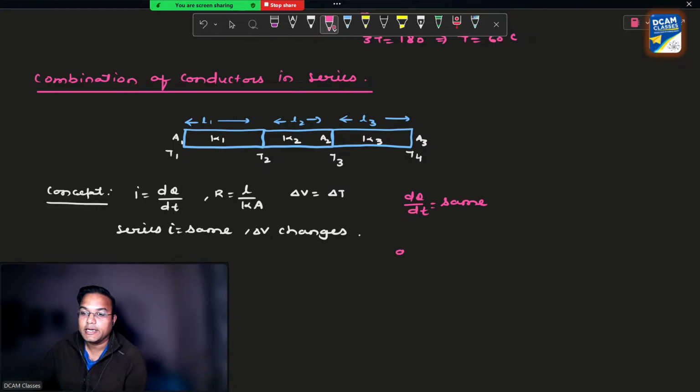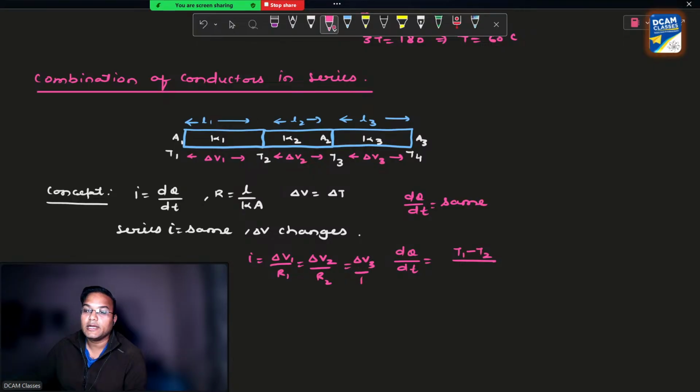Means I can write dq by dt is equal to T1 minus T2 by L1, means delta V by R1. I'm comparing with the current. V1 by R1 equal to delta V2 by R2 equal to delta V3 by R3, like that.